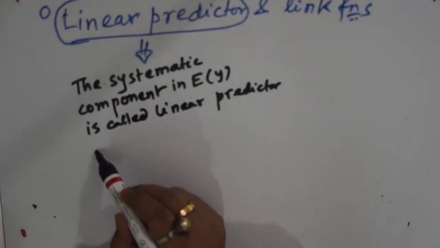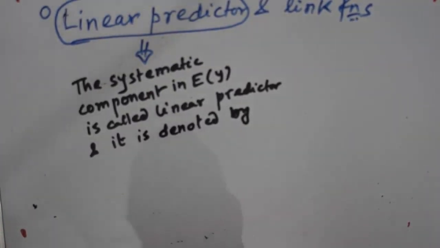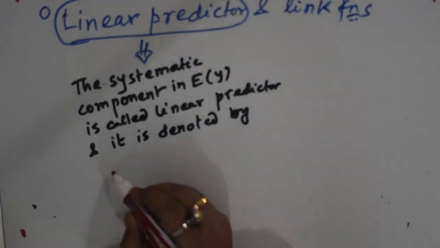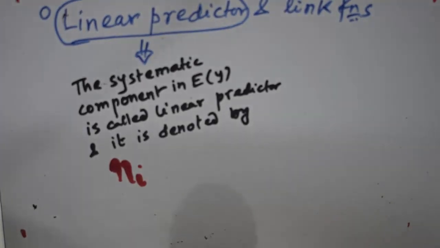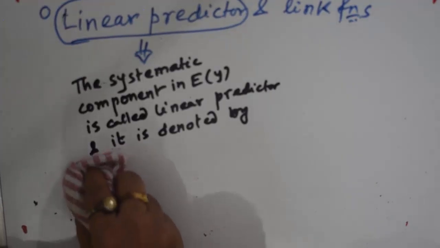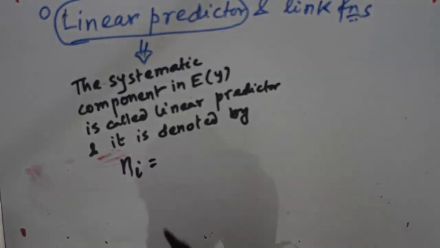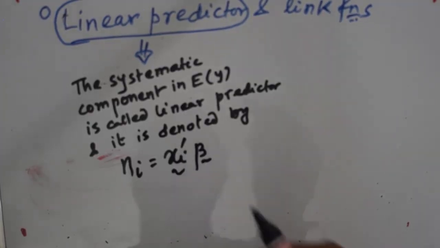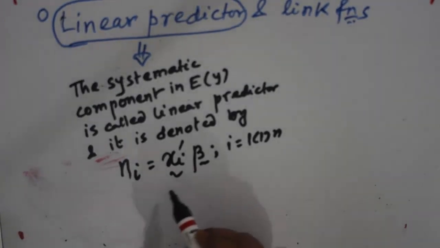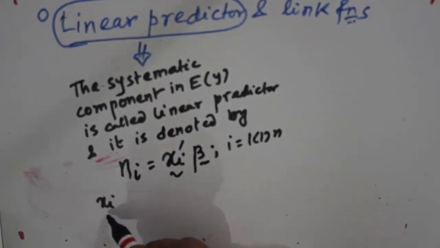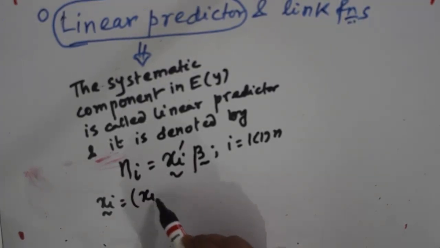It is denoted by eta i equal to xi curl prime beta curl, i from 1 to n, where xi curl is a vector of k explanatory variables.